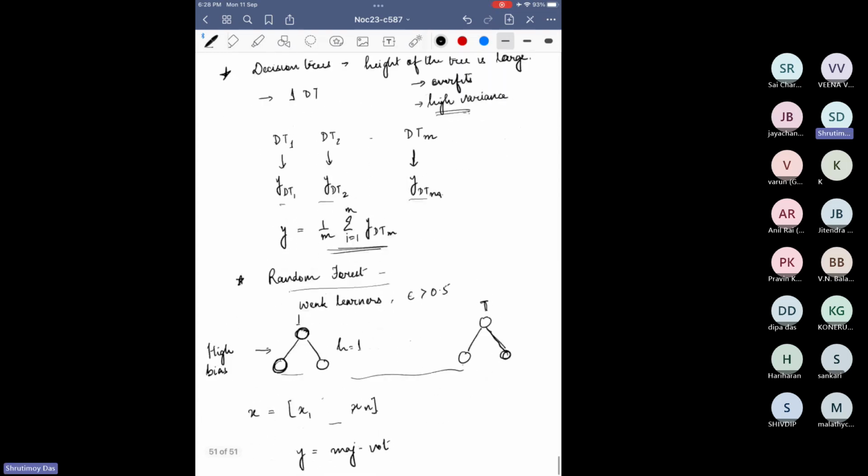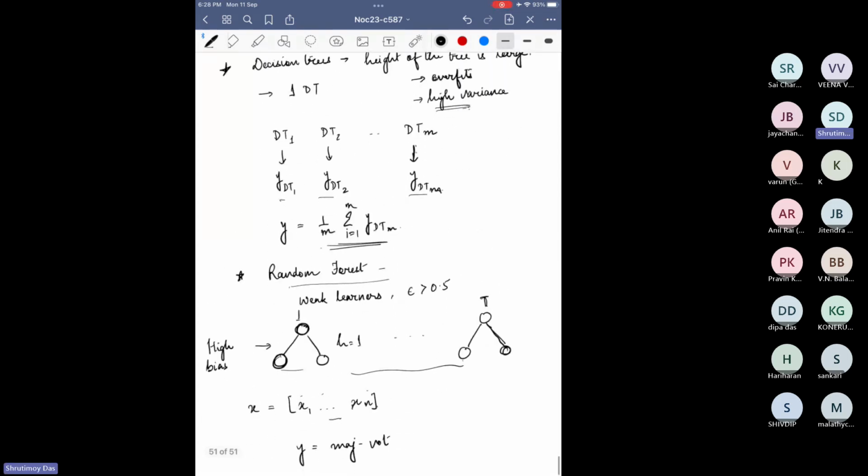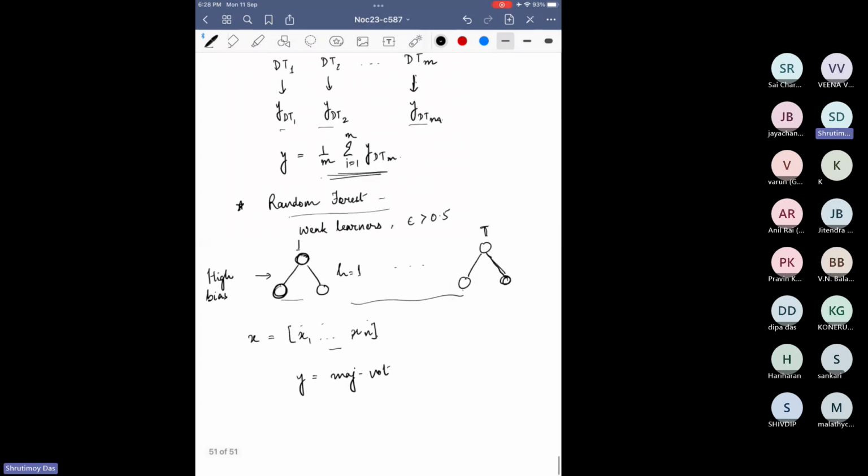So these are two techniques where we used different types of algorithms for learning. In class we saw bagging and boosting, right?